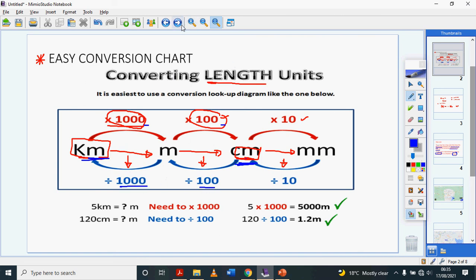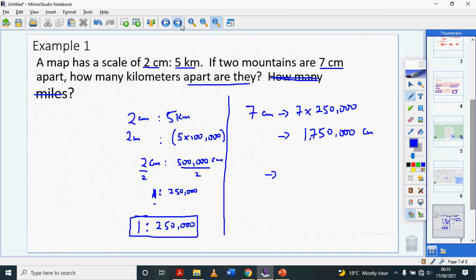So I'm just going to divide by 100,000. I'll divide this answer by 100,000, and then it will be in kilometers, and my answer is 17.5 kilometers. Good job, people.